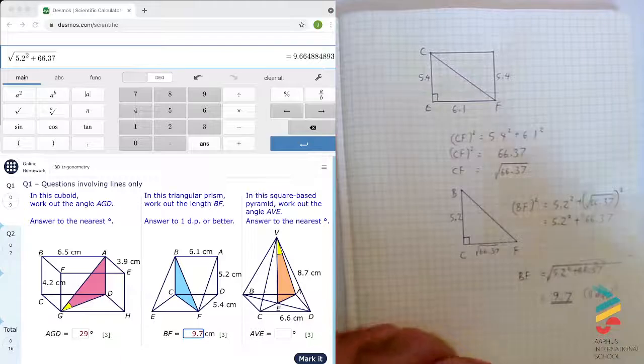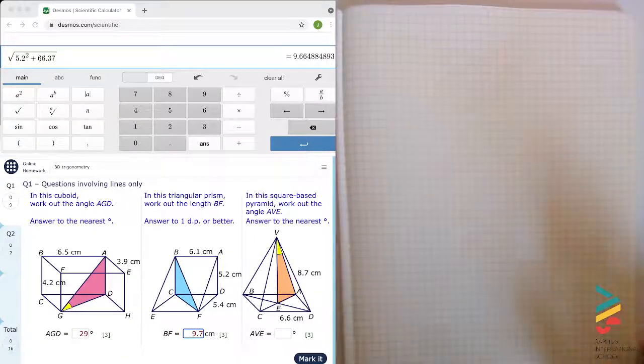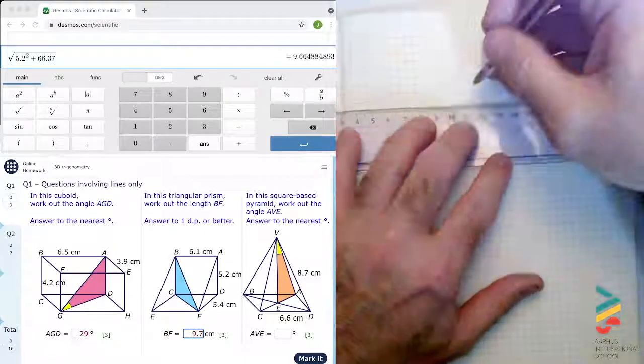Okay, let's go on to the last question on that page, which involves a pyramid with a square base. So I'm just going to look at the base of that pyramid.